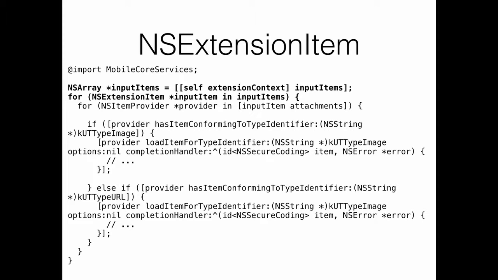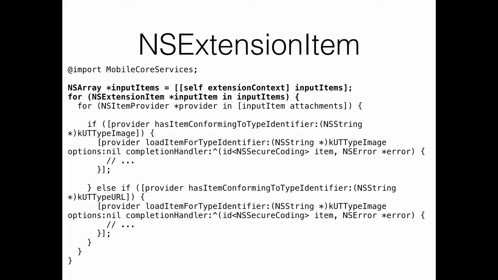The input items is nothing more than an array of NSExtensionItems. Each of those extension items has a couple of handy pieces of information. There's an attributed title, so that if there's some additional information that might be related to the content that's coming in, you can look at the title.